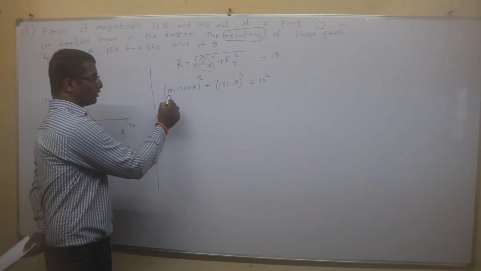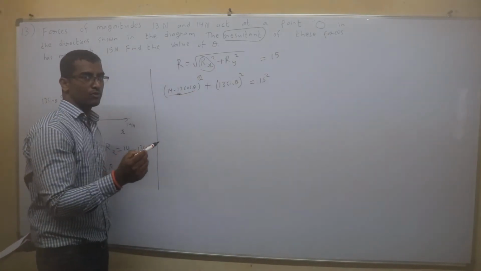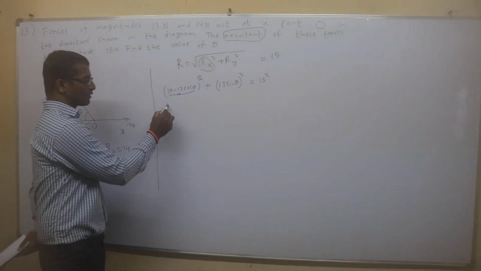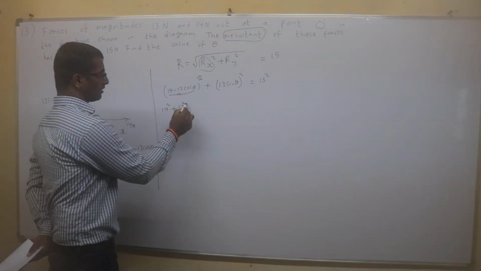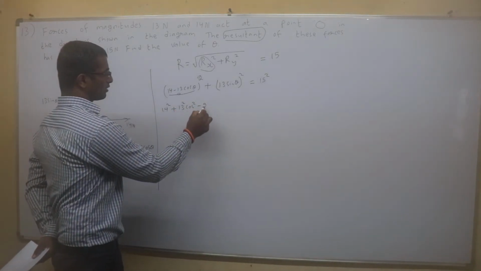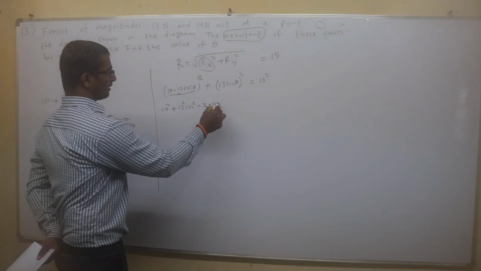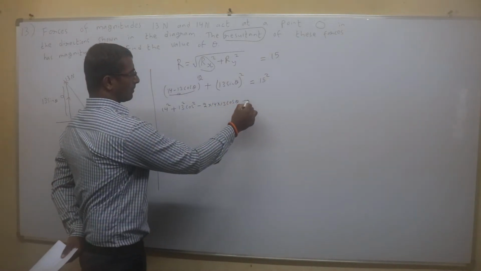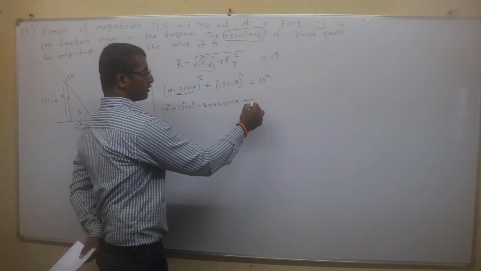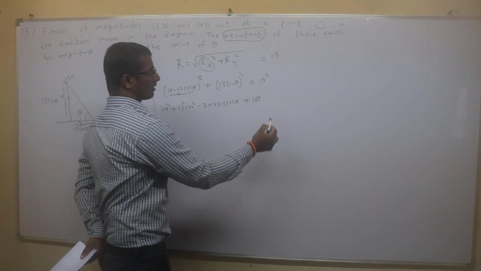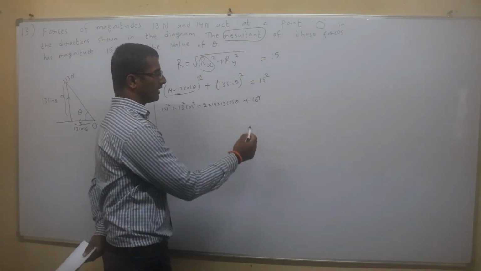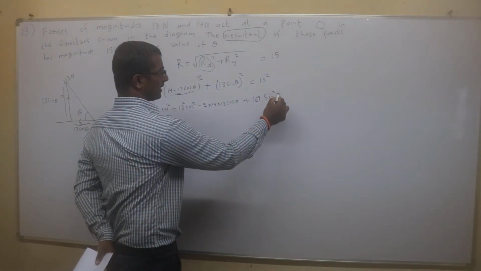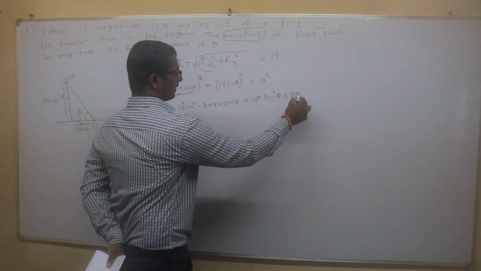Now here you need to use a minus b whole square, which is a square plus b square minus 2ab is this one. Plus, now this square applies to 13 and also to sin theta. So 13 square is 169 sin square theta equal to 225.